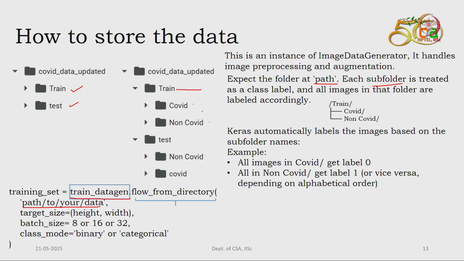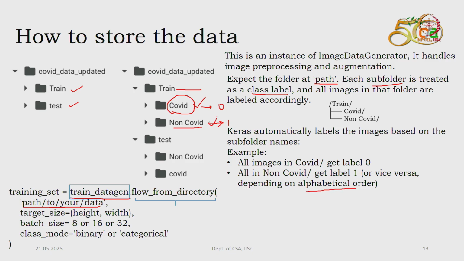Here it is a binary classification, and the subfolders are COVID and non-COVID, which are the class labels. All the images stored in COVID will get the value 0, and all the images stored in the non-COVID folder will get the value 1, or it takes the values based on alphabetical order.